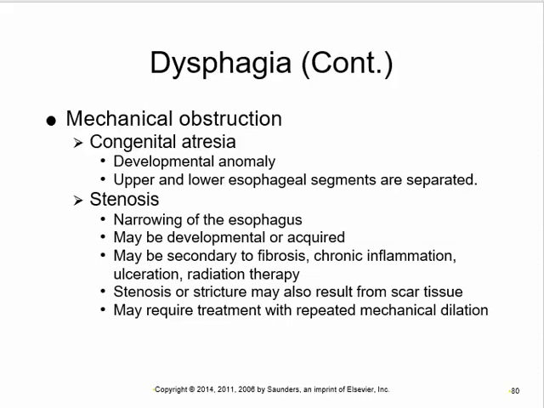Stenosis is narrowing of the esophagus. Could be a developmental thing where it just doesn't grow properly, or it can be acquired. Usually it is acquired, and usually it's secondary to some other problem, like chronic inflammation from GERD, gastroesophageal reflux disease, ulcers, fibrosis, radiation for lung cancer or for any other tumors can scar the lower esophagus, and that causes a stenosis.